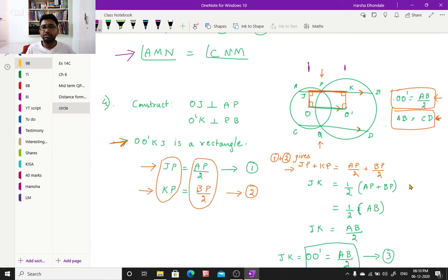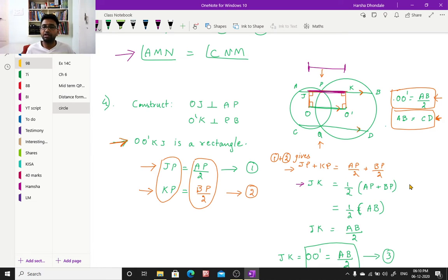JP plus KP gives this entire line JK. So JK is equal to AP by 2 plus BP by 2. I'll take half common, half of AP plus BP.